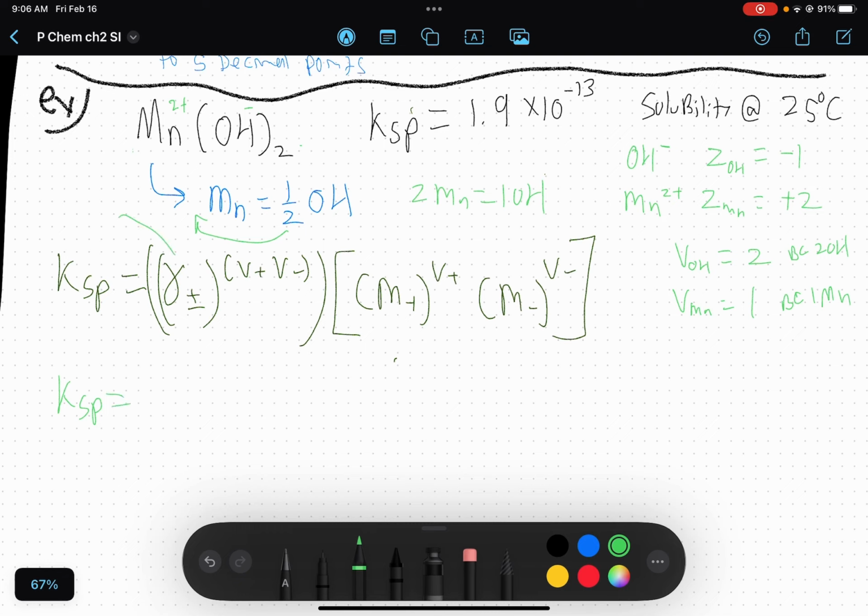And then because this is our first iteration, you assume it's ideal. So we assume that's 1. You can write in the V plus and the V minus, so that's going to be 2.